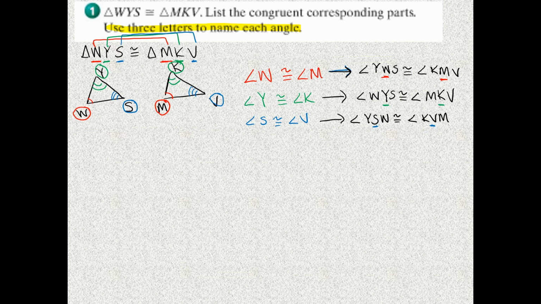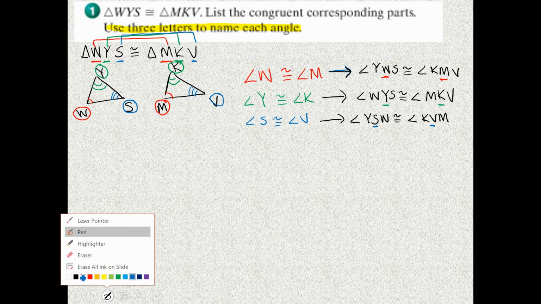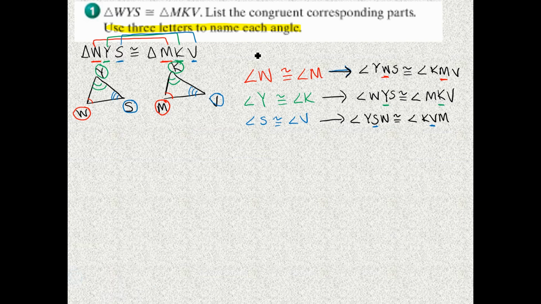Again, we may not always need to do this, but in some situations, depending upon the diagram, we need to be familiar with naming angles in this way. In terms of the sides, everything is going to stay the same as the last time. So I could say that WY is congruent to MK.